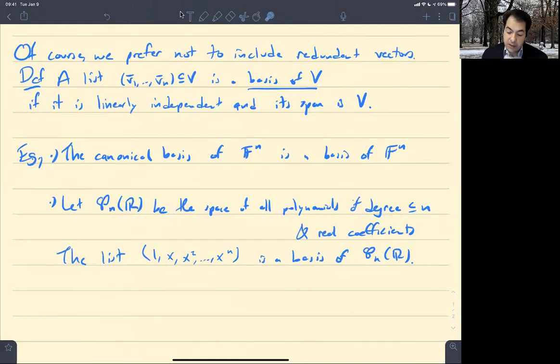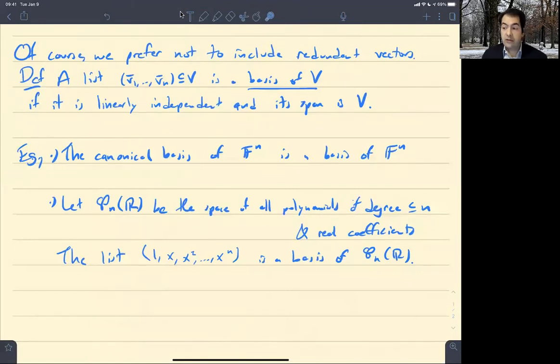To say that it's linearly independent, well, you could check this just like we did last class when we were working with the continuous functions on 0, 1. If you take a linear combination of these and you want to see if setting that equal to 0 implies that all of the coefficients are equal to 0, well, remember, when you set it equal to 0, you're setting it equal to the polynomial 0, right?